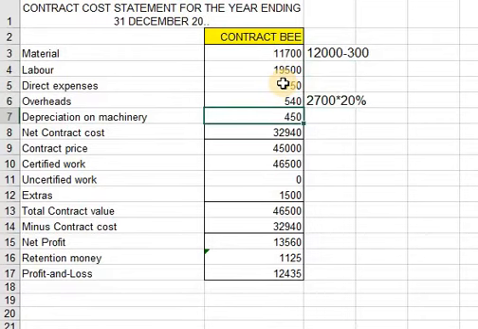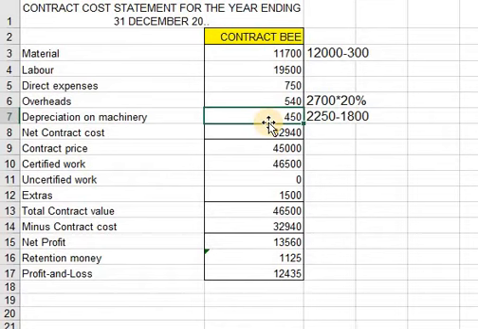Depreciation is 2,250, which is your machinery cost at the beginning of the year, minus your machinery cost at the end of the year. So it will be 2,250 minus 1.8 to give you the depreciation for the year. What was the value at the beginning of the year?